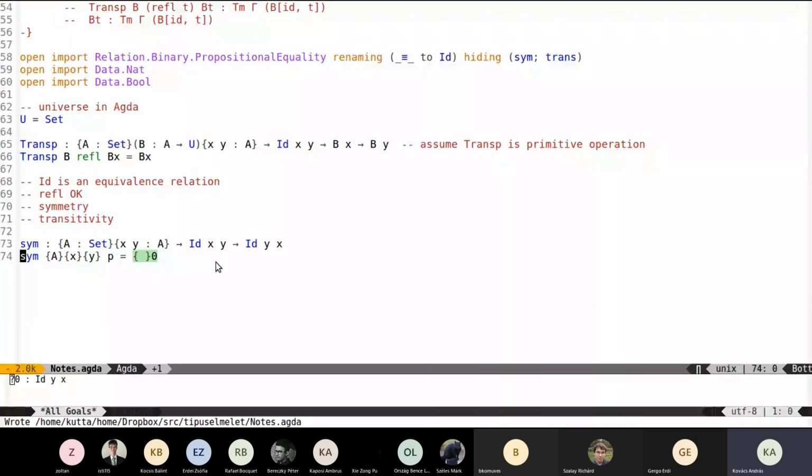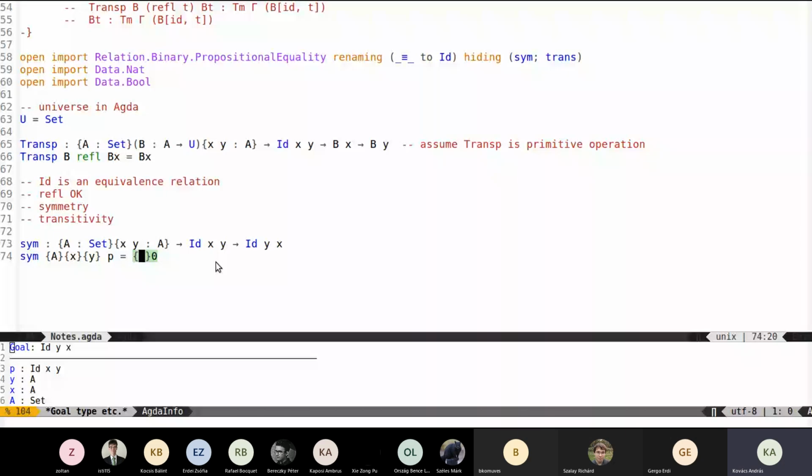So here I have to do some transport. And what can I do? So transport allows me to have any inhabitant of a B x type, and from that get an inhabitant of B y. So I have to choose this B some way so that the transporting does what I want the result to be.